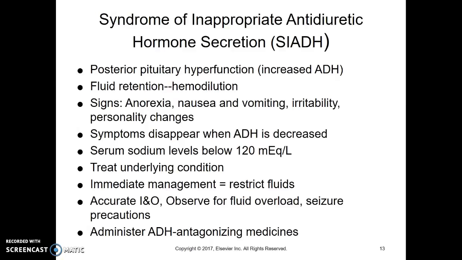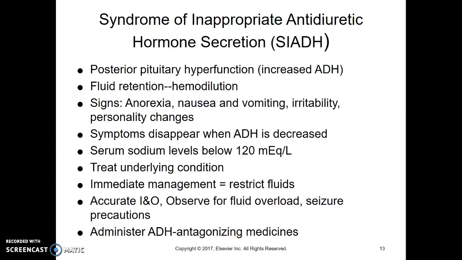What that does, though, is all that extra fluid is thin fluid, and so it's going to dilute your blood. It's not got blood cells in it, right? It's just water and electrolytes and stuff. So we're going to see increased volume and hemodilution.